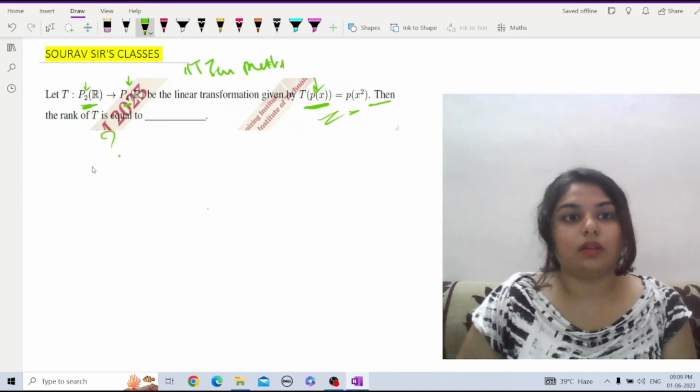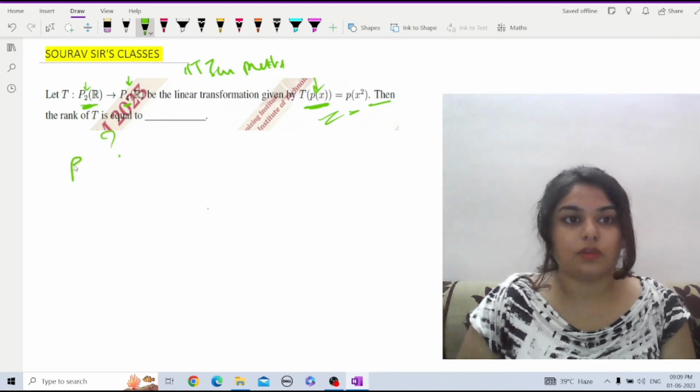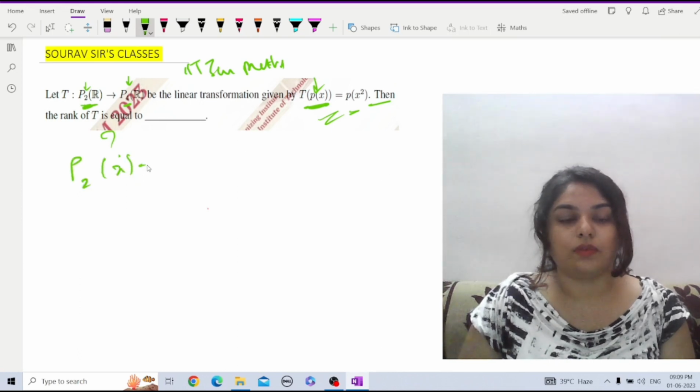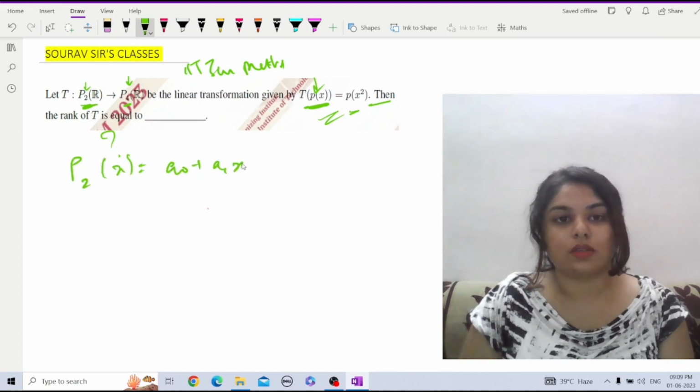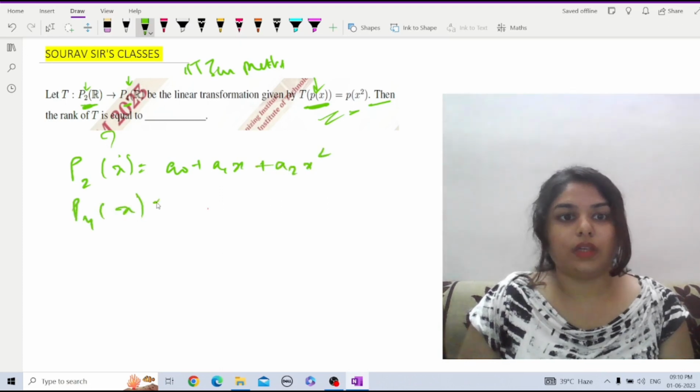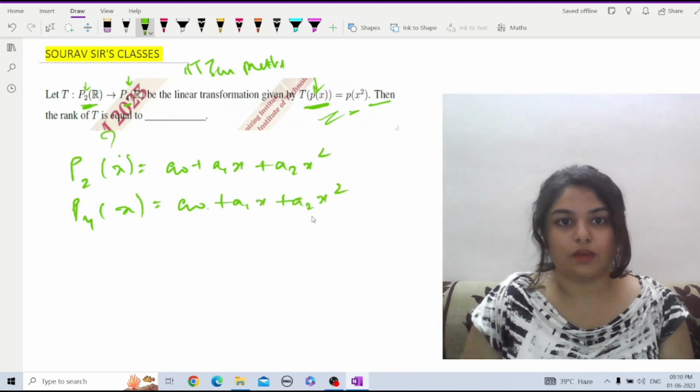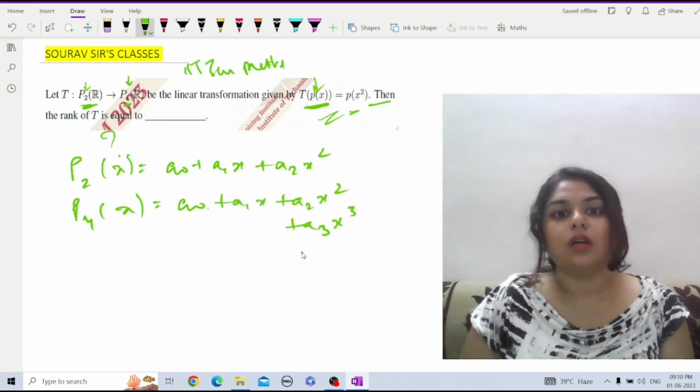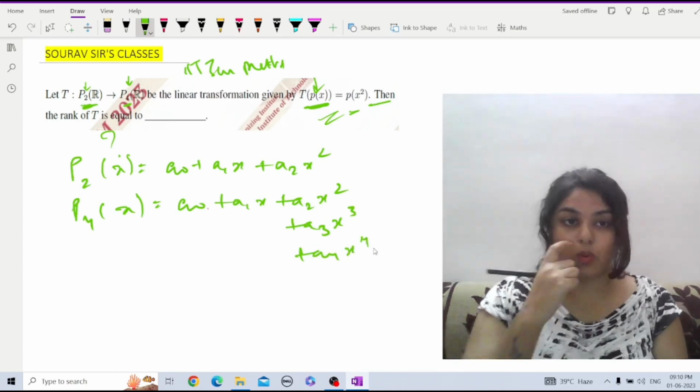In order to find out, let us first write down the polynomial. For P2 we can write a0 + a1x + a2x^2. For P4 it is a0 + a1x + a2x^2 + a3x^3 + a4x^4.